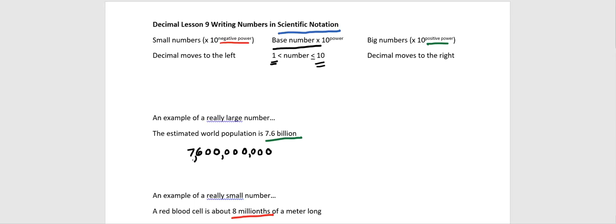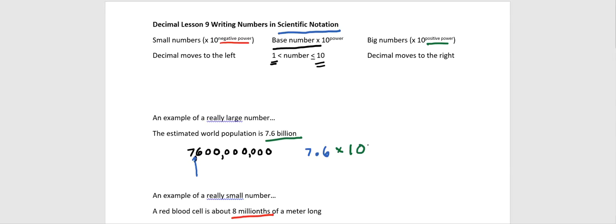I can visualize that decimal point moving right between the 7 and the 6. So that's going to be our base number. We're going to say 7.6. And now, because in scientific notation you have a base number and then you multiply it by a power of 10, we're going to say times 10.